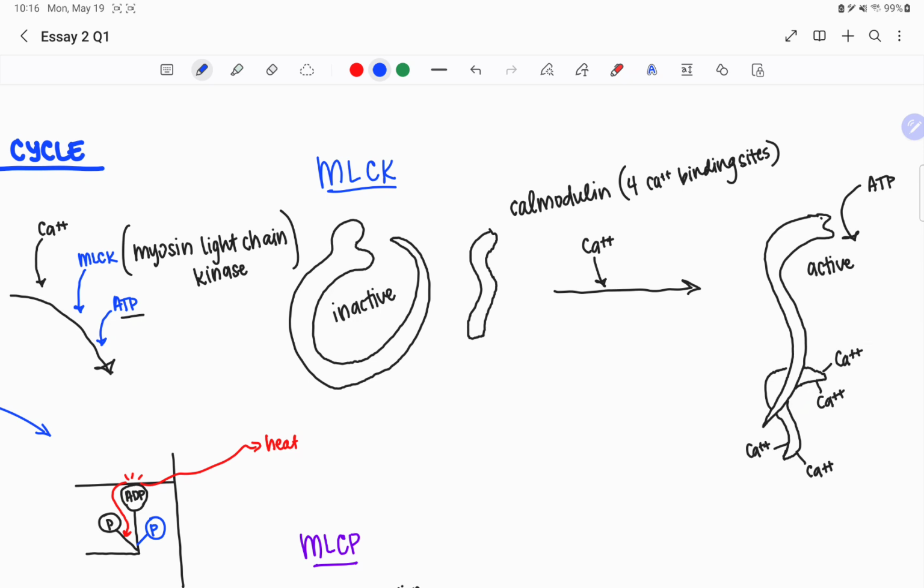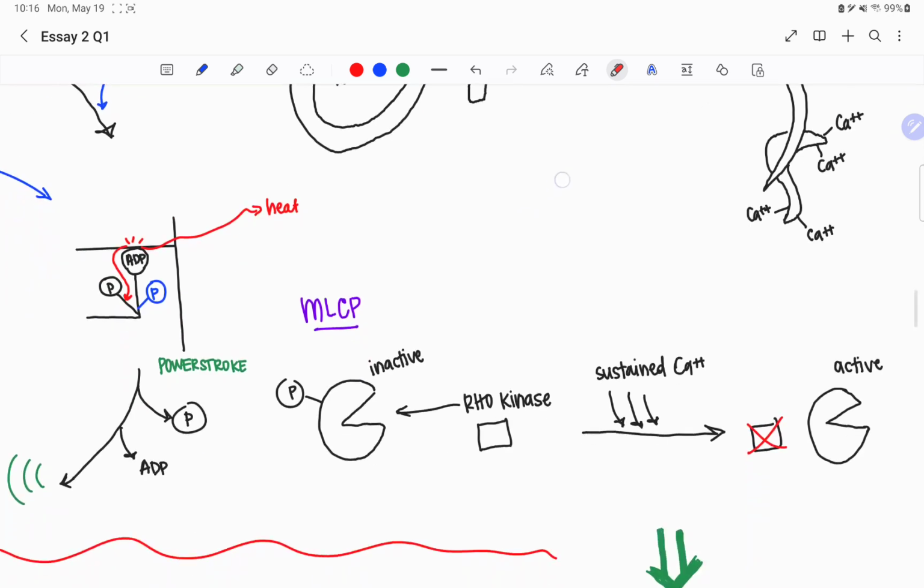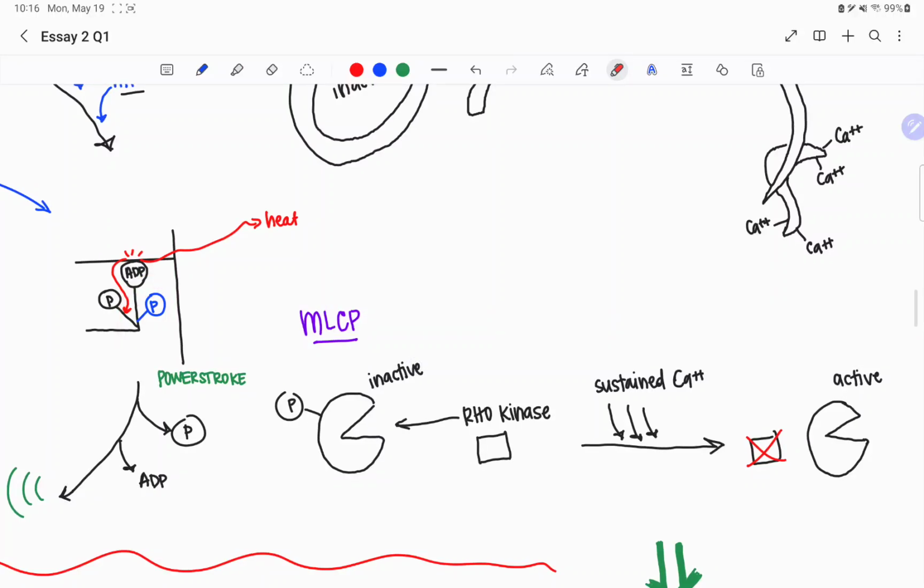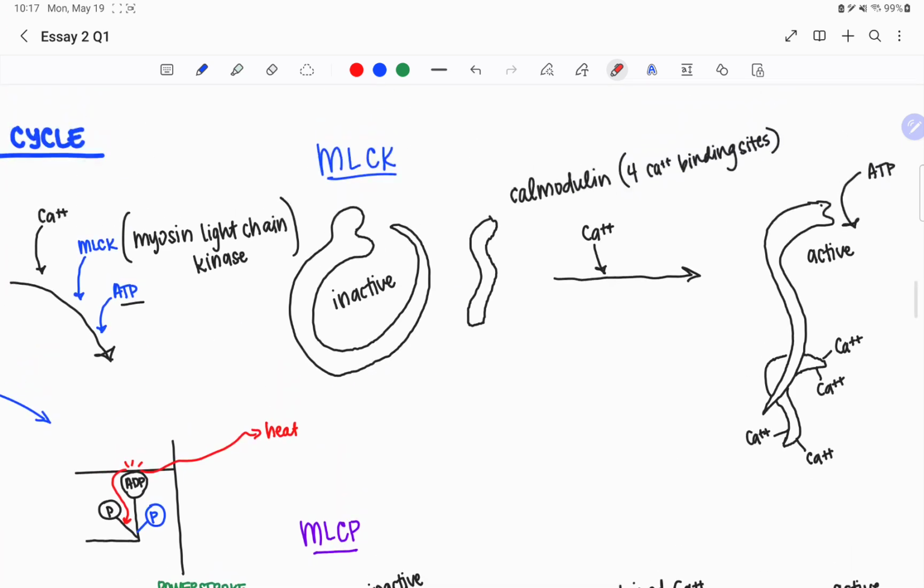Once it's bound 4 different calciums, then it'll come to MLCK, take its tail out of its mouth, for lack of a better way of describing it, and then this snake will now take the phosphate off of ATP and then throw it right here onto our myosin group, allowing it to have that head conformation change, so it's now pretty and it'll make that bond. Okay, so that's how MLCK works.